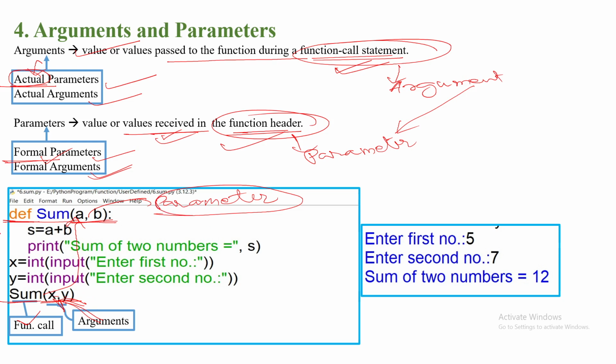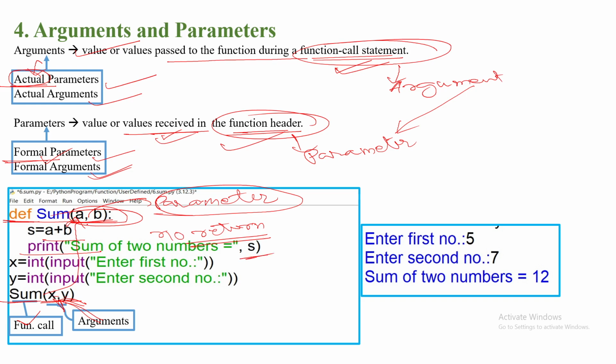So first we define the function, def sum(a, b), two parameters I have taken, then we add the values, s equal to a plus b, print. Whenever I use the print command, that means this function returns no value. Sum of two numbers, this is s.